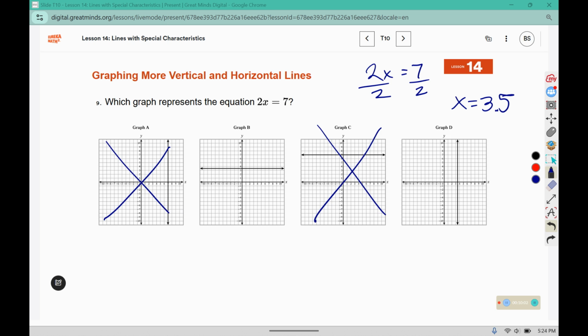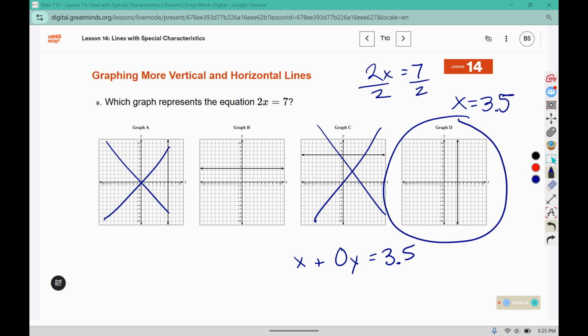It's either going to be B or D. When there was no y term, x is always 3.5. So that is this one where it doesn't matter what the y values are going up and down the y-axis, the x always has to go over to 3.5.